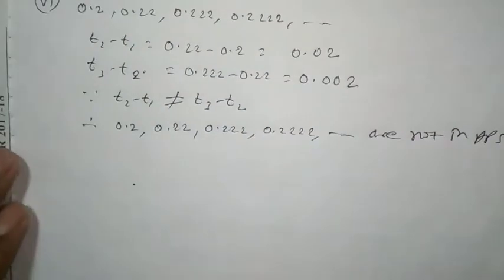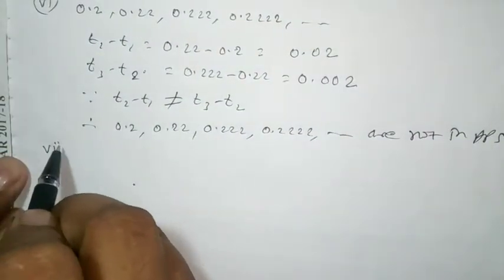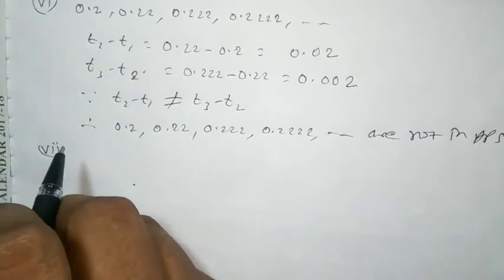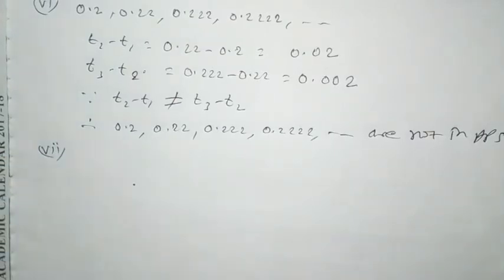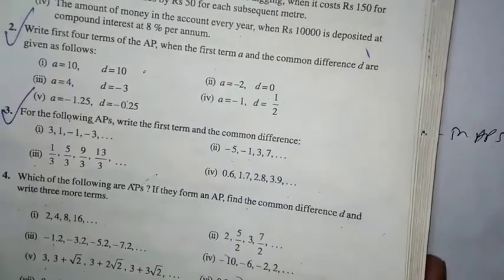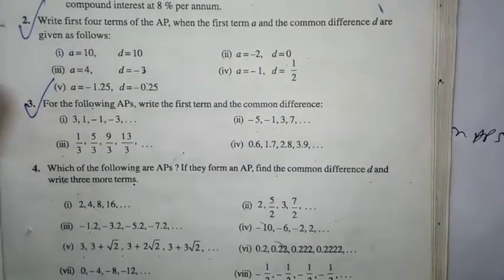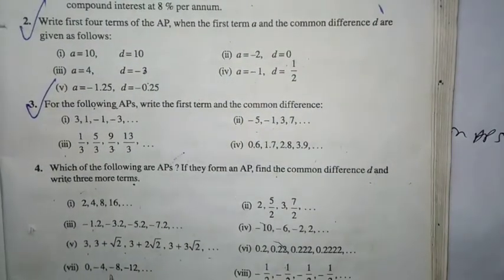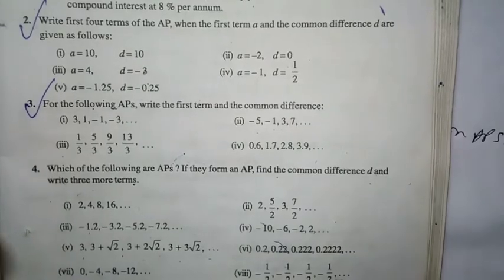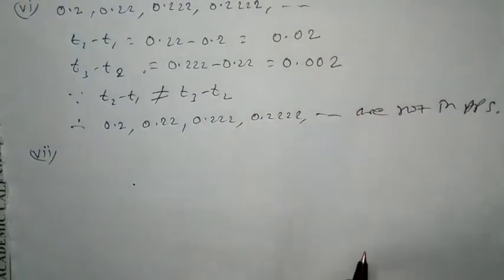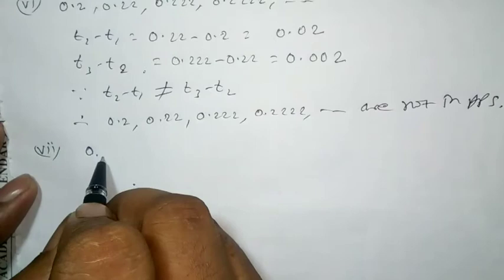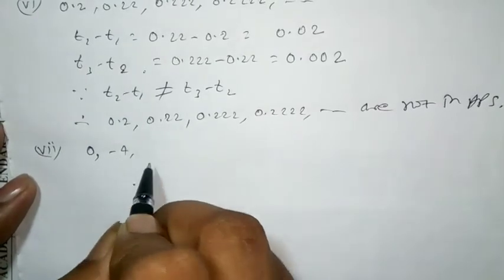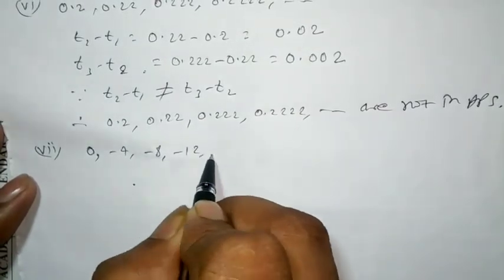Okay, now the next question, question number 7: 0, minus 4, minus 8, minus 12.